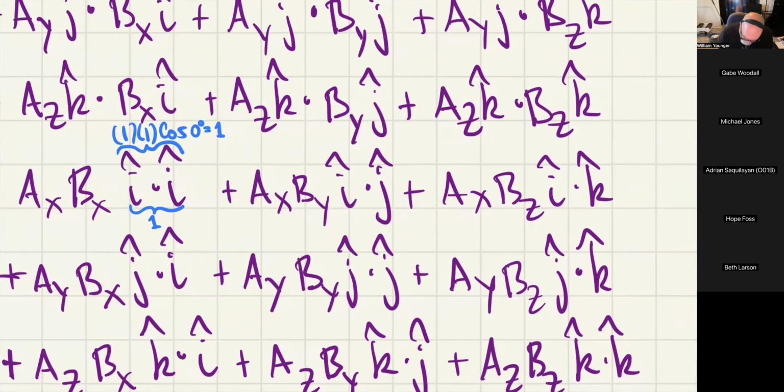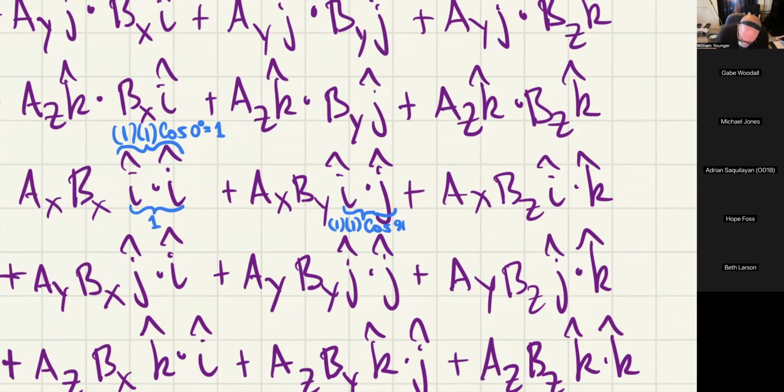When you do the same thing over here, though, it's quite a bit different. i hat dot j hat is 1 times 1. But can anybody tell me what the angle is between i hat and j hat? Good job. 90 degrees, Beth.